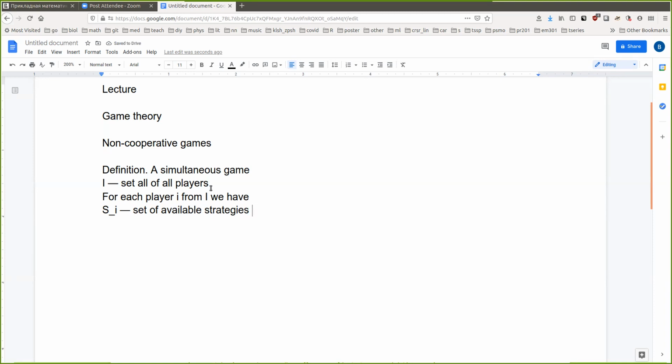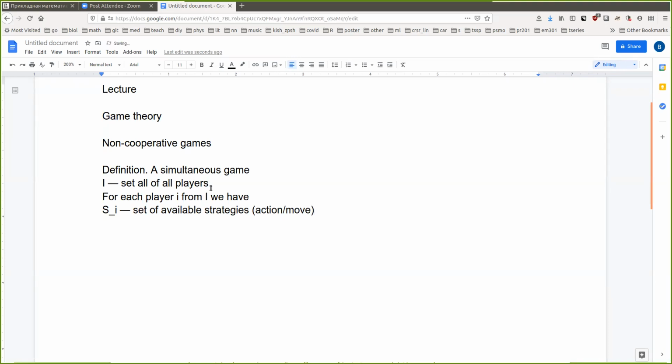So in a simultaneous game, that is the same thing. Strategy is a move, is an action, because we have only one move in a simultaneous game. They simultaneously make their choices and they receive a payoff and the game ends.